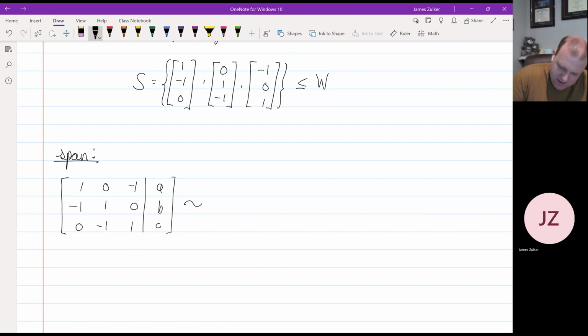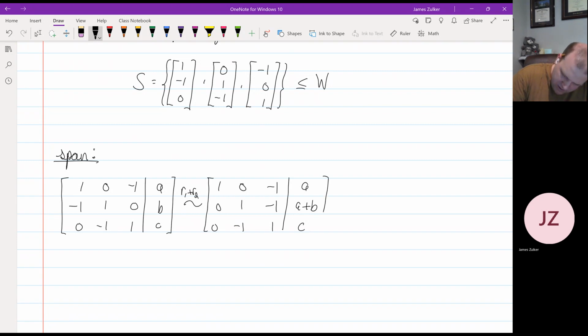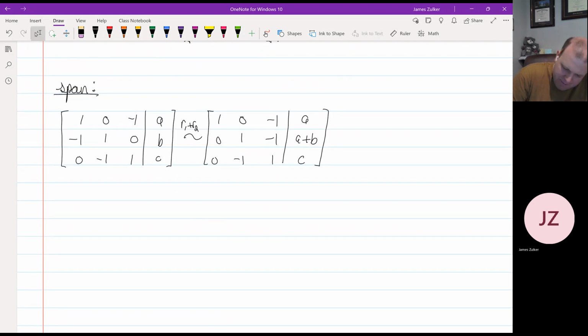First step is to do row 1 plus row 2. Then the second step would be to do row 2 plus row 3.